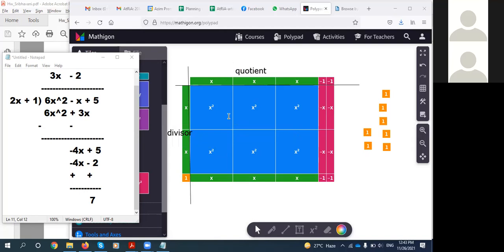This is the array, which is nothing but divisor times quotient, and then this is the remainder.